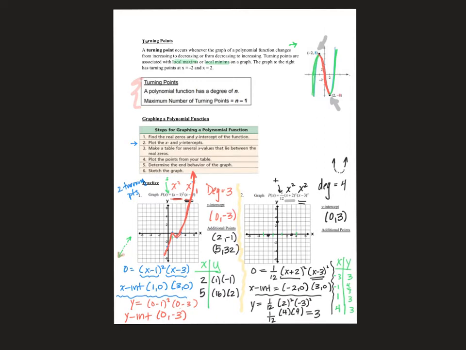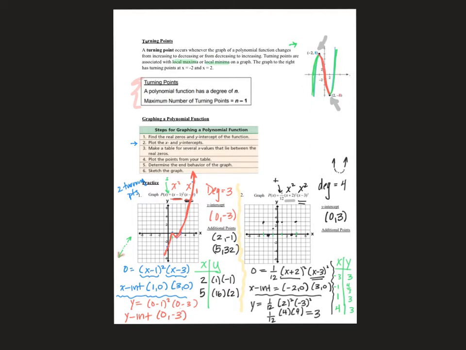All right, let's plot those points as well. -3, 3 is going to put me here. And -1, 1 1/3 is going to be about here. 1, 3 is going to be back up here. And then I'm at 4, 3. Wow, that's crazy. Well, let's connect these points.